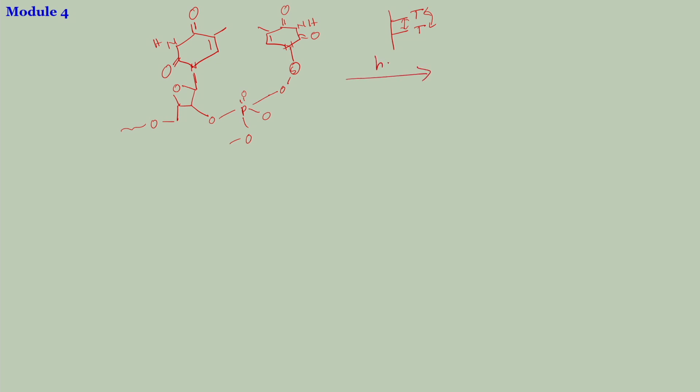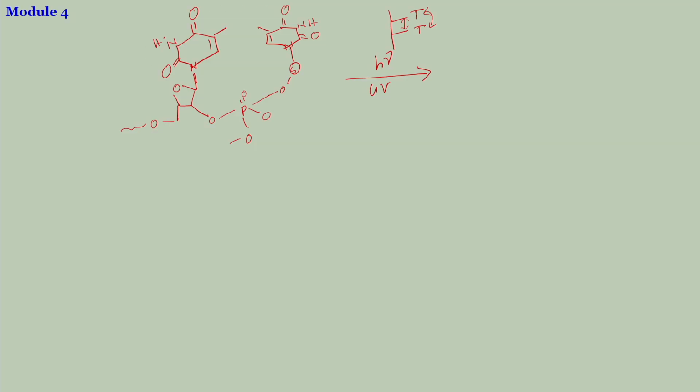Now, if you have h nu, UV ray, basically UV, what is going to happen? So, they sometimes change the backbone also. Today we are not going to discuss the backbone, but mostly they interfere with the nucleobases as well.